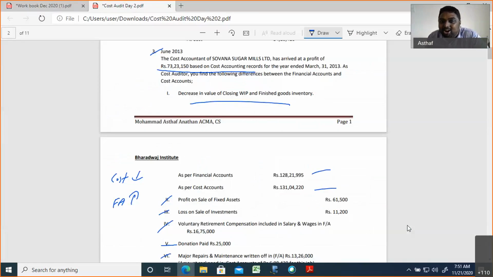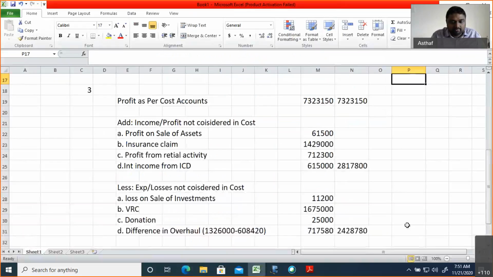If you recall the method we discussed, it will be very easy. So come on, copy fast, my dears.